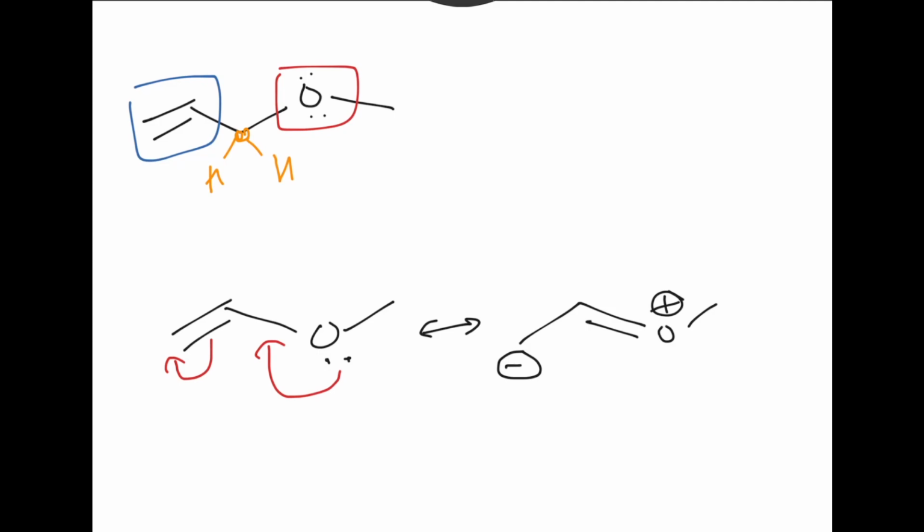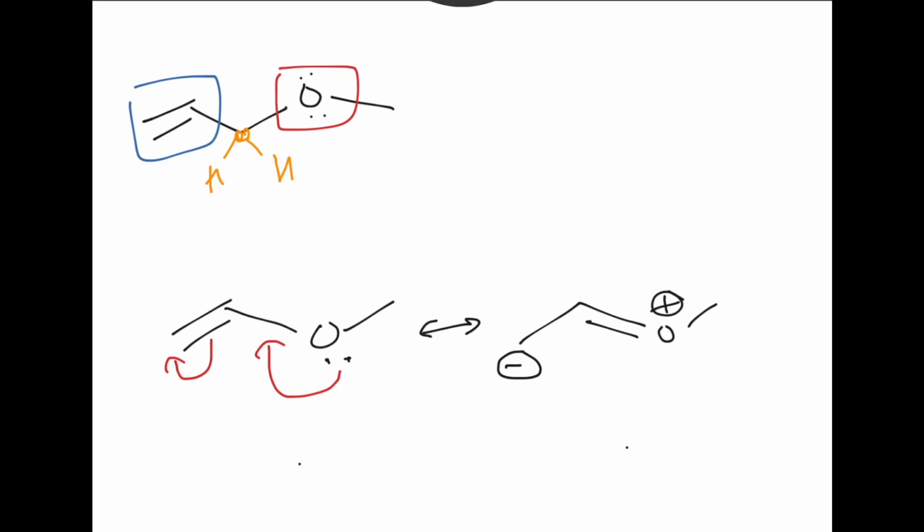And just like before, again, the molecule's never 100% this or 100% that, right? Molecules behave most like the resonance structure that doesn't have any charges, right? Because having charges in your molecule is high energy.